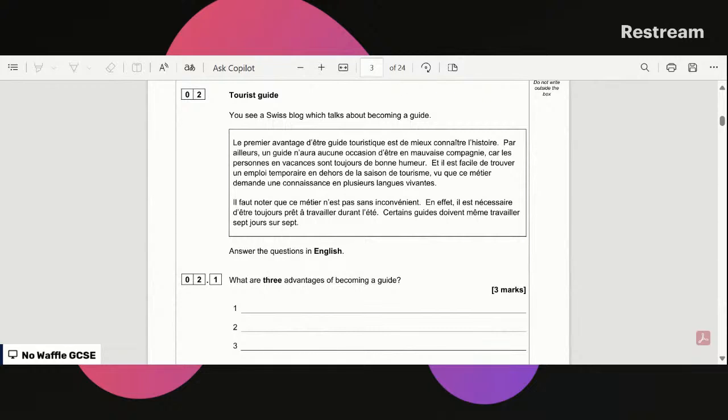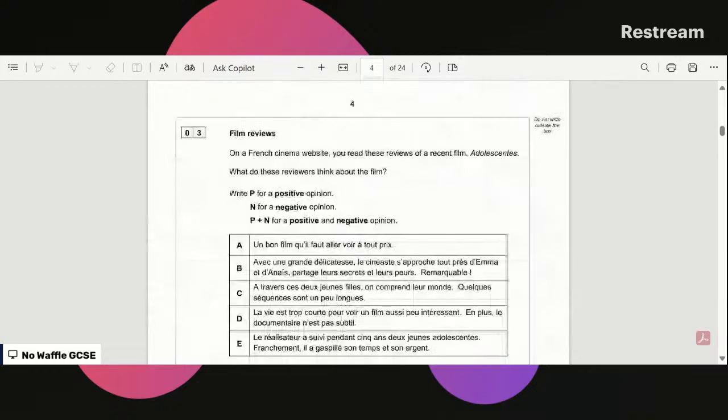En effet, il est nécessaire d'être toujours prêt à travailler durant l'été. So he's talking about how you have to work through summer. L'été is summer. And also, what else does it say? Certains guides doivent même travailler 7 jours sur 7. So 7 days out of 7, you have to work a full 7-day week. That's another disadvantage there. Okay, moving on.